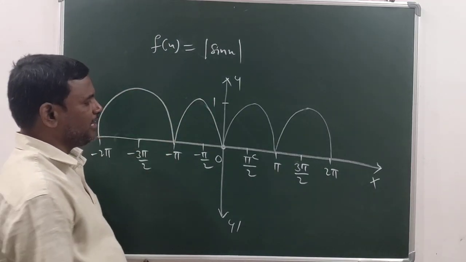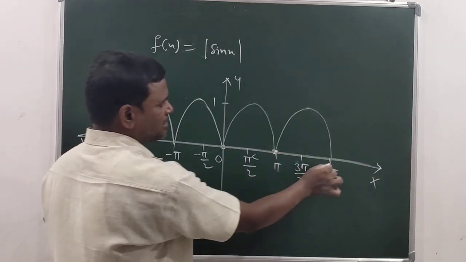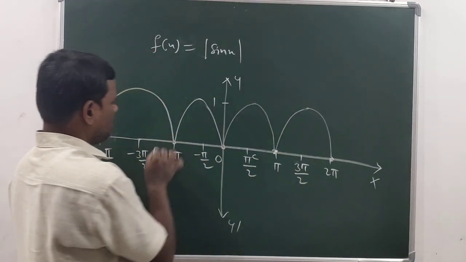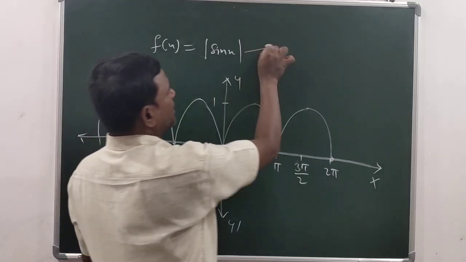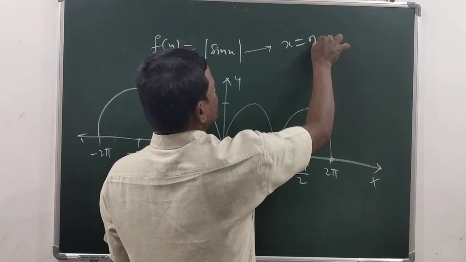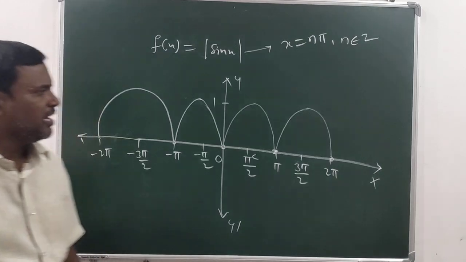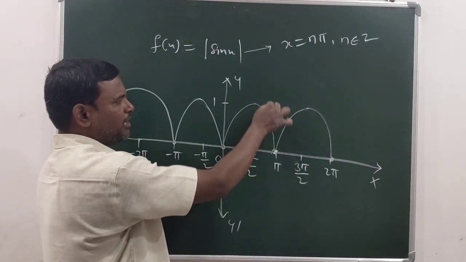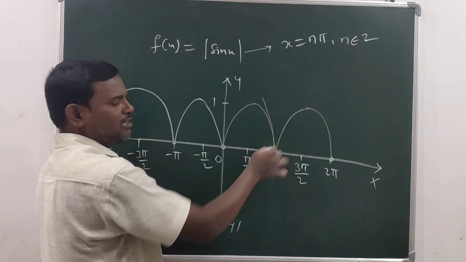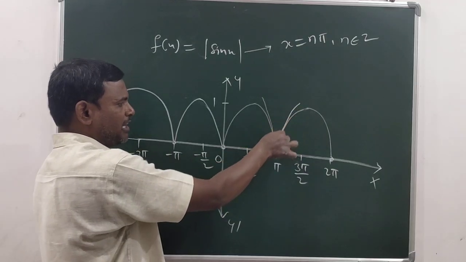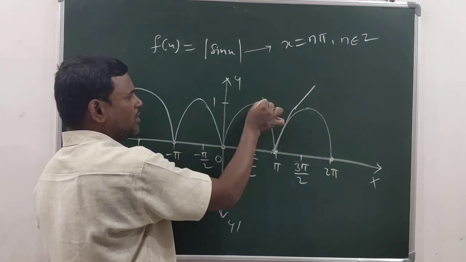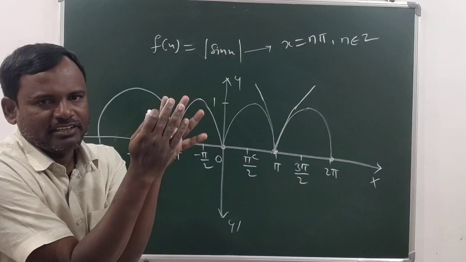Now where are you getting sharp ends? At these places. When x equal to n pi, you are getting sharp ends, where n belongs to the integers. Wherever sharp ends are there, you draw the tangent. One is coming like this, one more is coming like this. Both are not coincident.